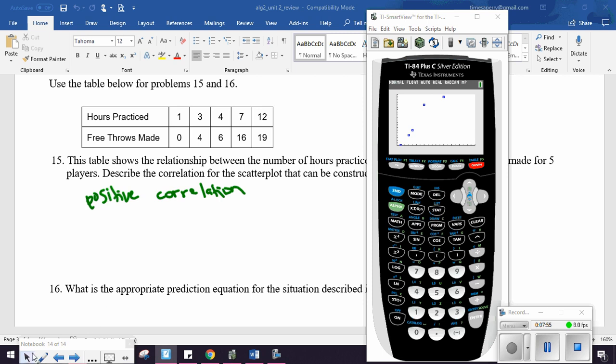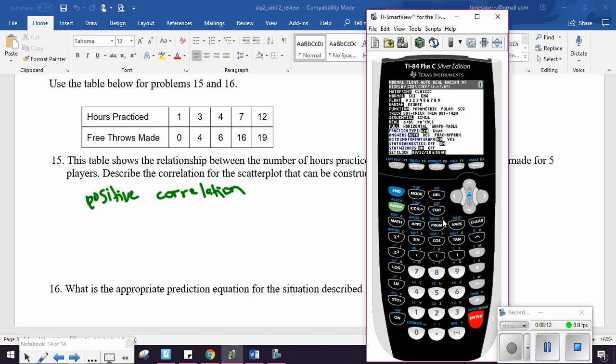If you want further evidence, go to mode and turn your stat diagnostics on. Enter. And then do a regression. So stat, calc, 4, and then calculate.